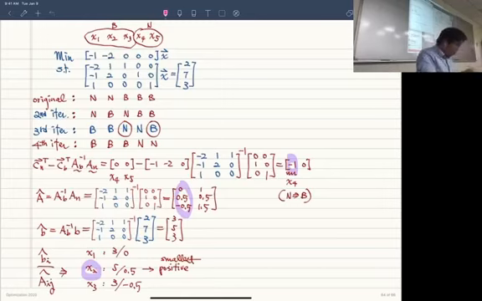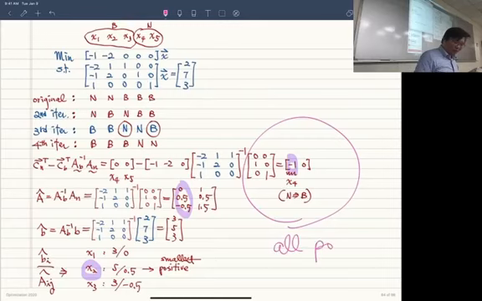But the idea is to continue until your check right here becomes all positive. Then you can stop.